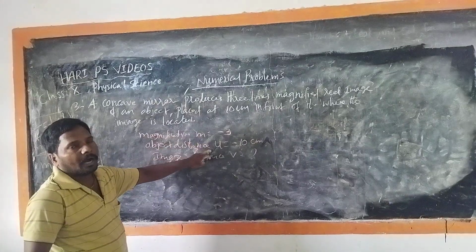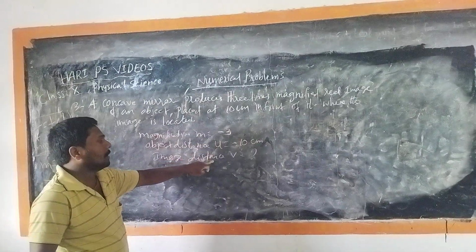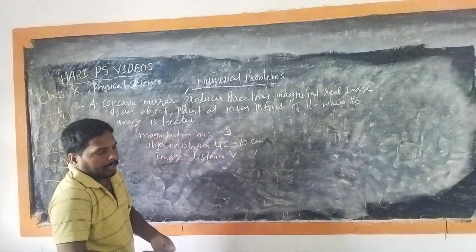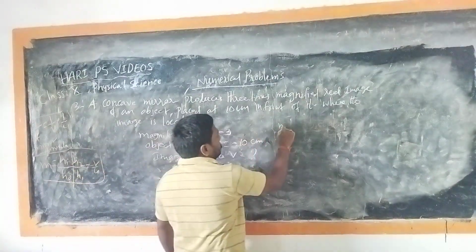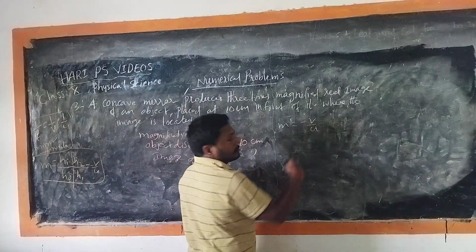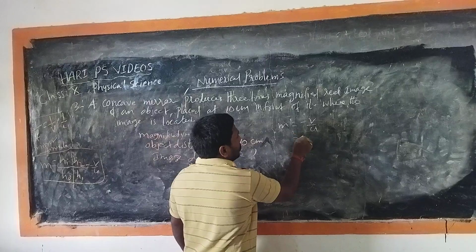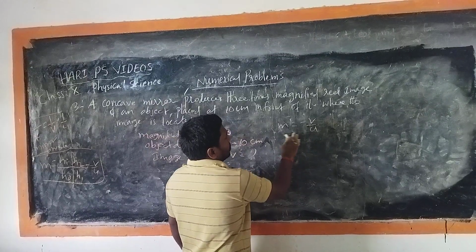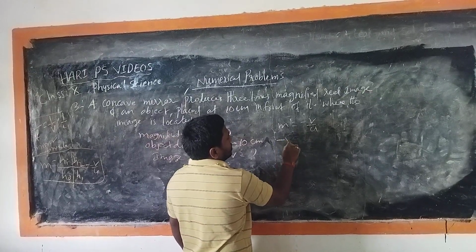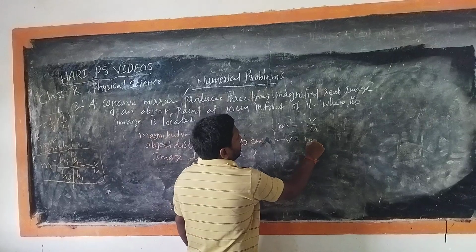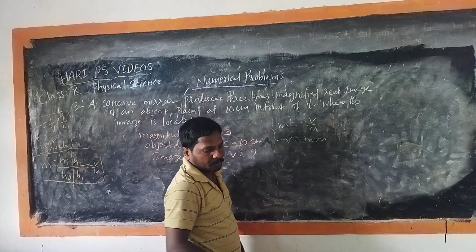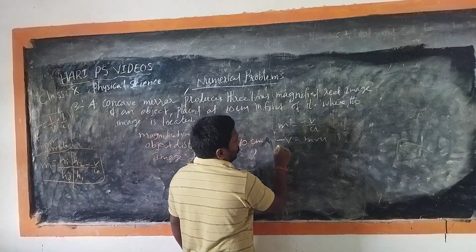Magnification is given, object distance is given, then we find the image distance by using the formula m is equal to minus v by u. From this formula we write minus v is equal to m into u.